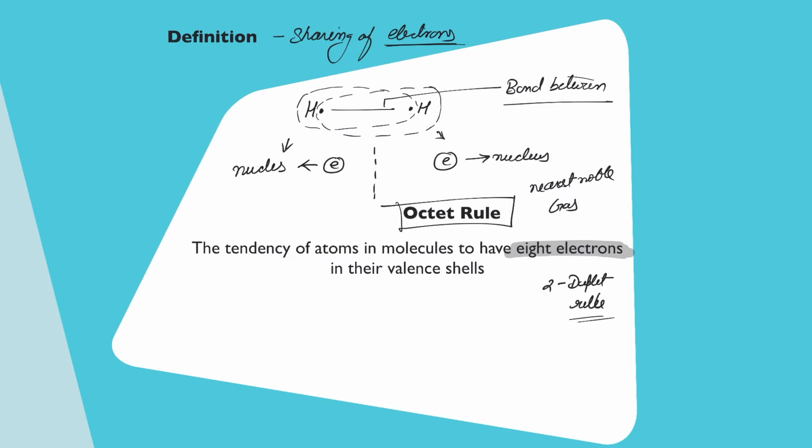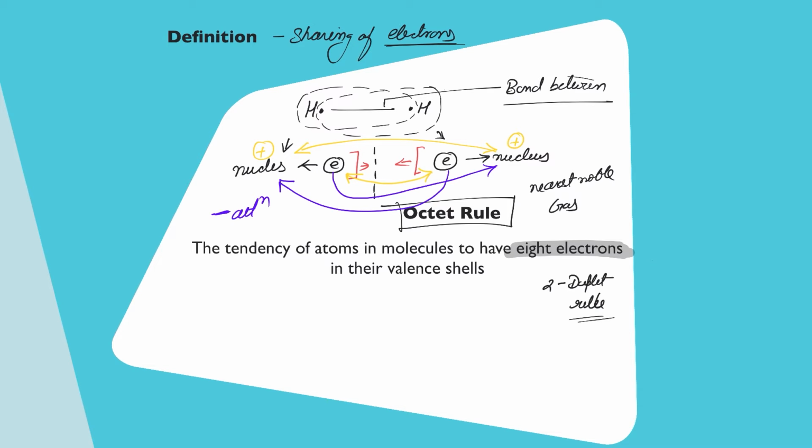Now if you are moving the two atoms close to each other, there would be another attraction of this electron by that nucleus and this electron by that nucleus. So blue represents the force of attraction here, but there would be a repulsion between the nuclei because both of them are positively charged, and there would be a repulsion between electrons because both of them are negatively charged, right?